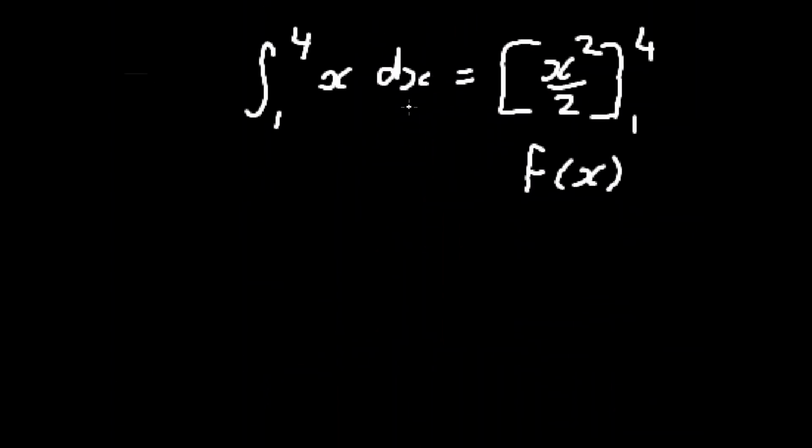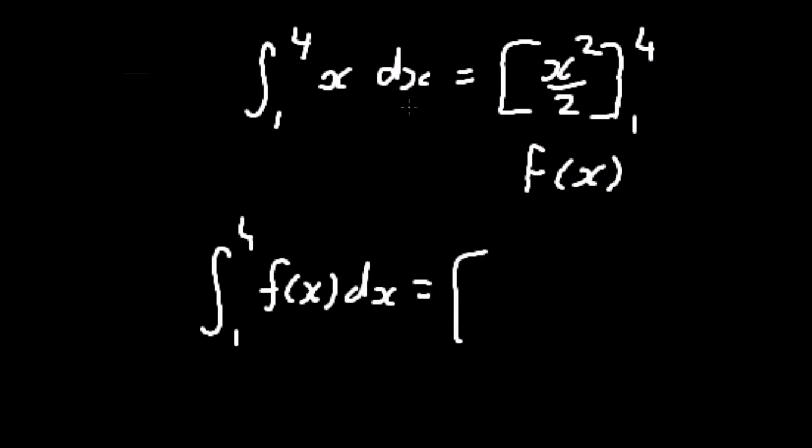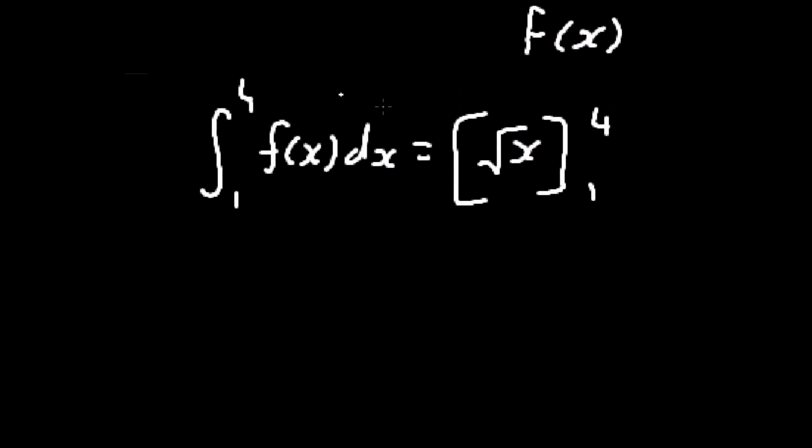So in essence, we can kind of skip a step to say that from 1 to 4 for this unknown f of x, this will be equal to root x. And that goes from 1 to 4. So now what we're saying is it's the top minus the bottom, right?